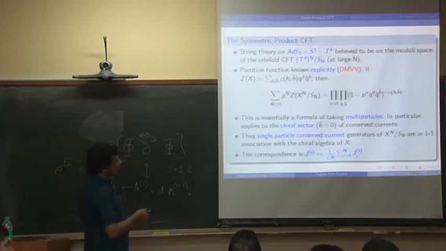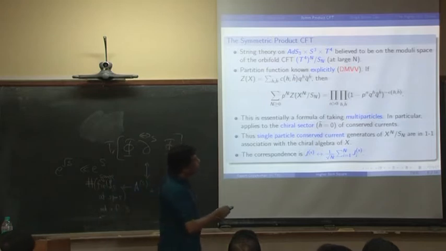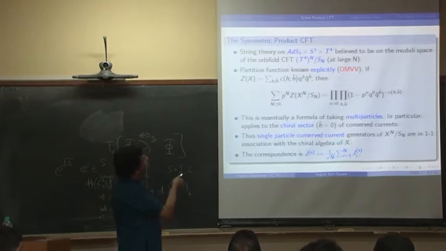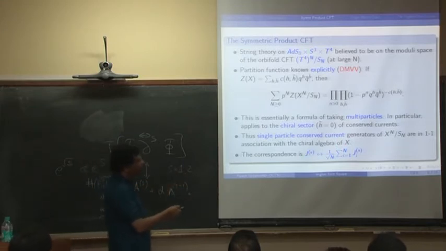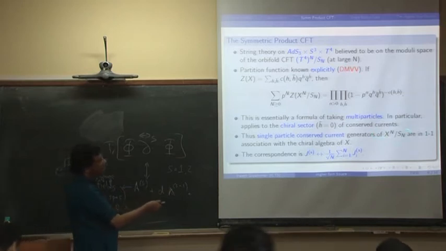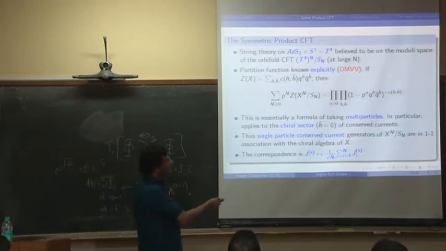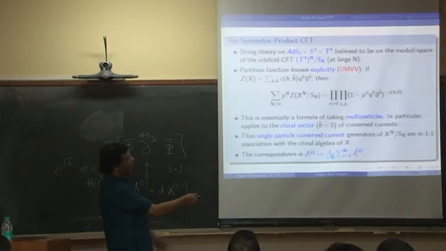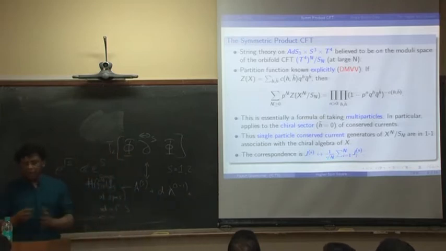What I claim is that there's a very simple association of the single particle conserved currents, from the fact that basically this is a multi-particling formula. So what you do is consider, if I know the currents of X, the original theory, in this case say the T4 theory, if I know all the single particle conserved currents of X, the single particle conserved currents of X to the n mod Sn are in correspondence to, given any current in X, I just consider the symmetric combination over the n copies.